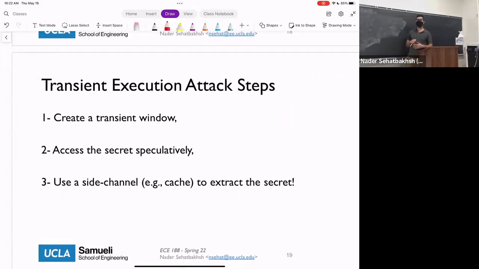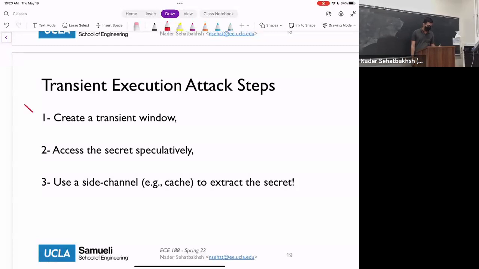Transient execution attacks have multiple different variants. The one I'm going to discuss here is the Spectre variant, the original attack that people have used. It's a very simple three-step process.